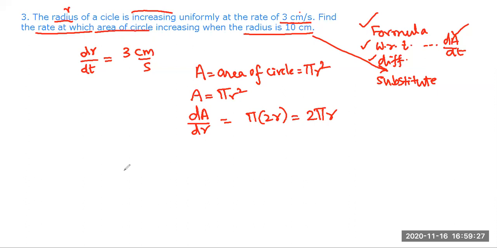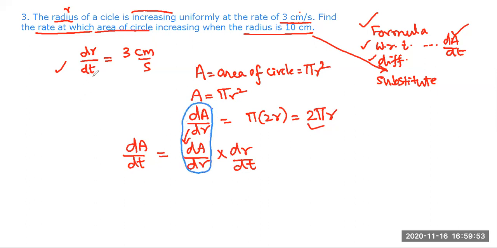What we have is dA by dr. So dA by dt, which we need to find, equals dA by dr multiplied by dr by dt. We have dr by dt here and dA by dr here, so pick those from here and here.